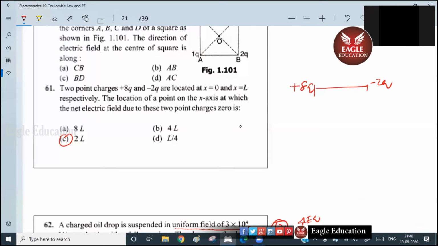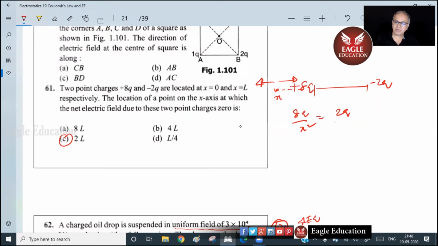If it is x here, somewhere, now this 8q will be away, the 2q will be towards it. So you can write 8q by x square is equal to simply 2q by (L plus x) whole square.